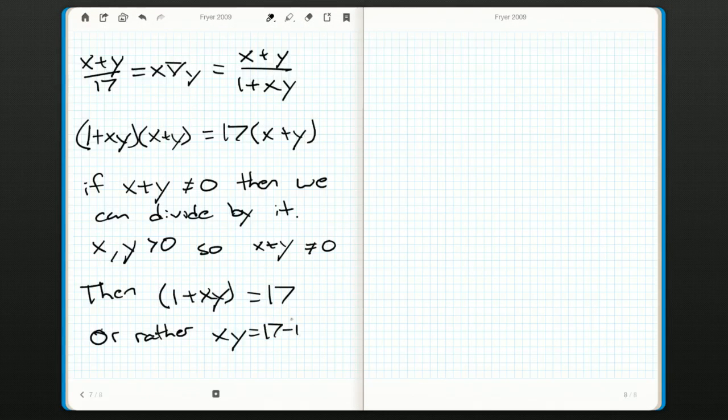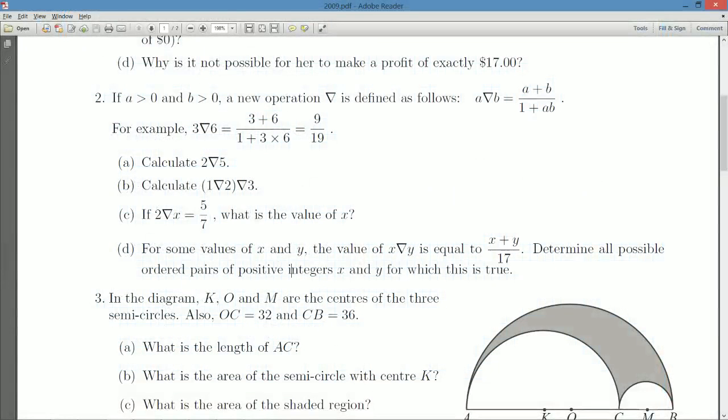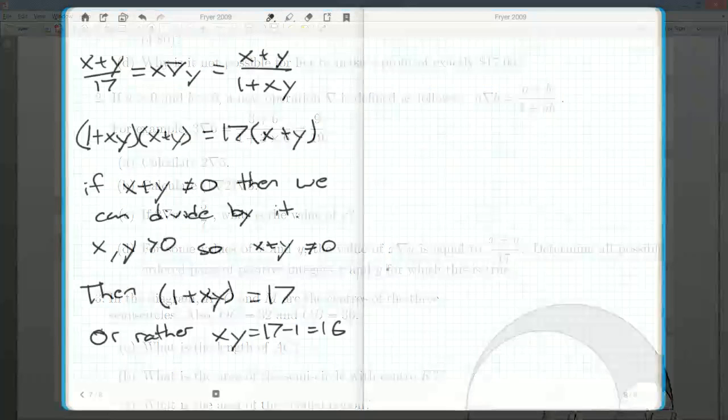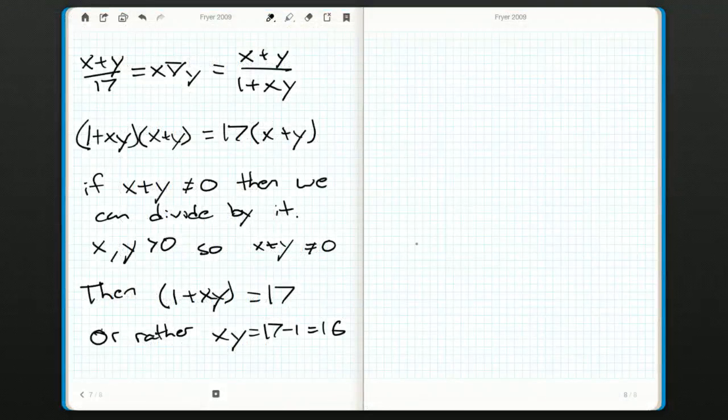And we can bring this 1 over to the other side and get 16. Now, the question asked us for x and y as positive integers. So we're looking for x and y positive integers, both of them multiplied to give us 16.